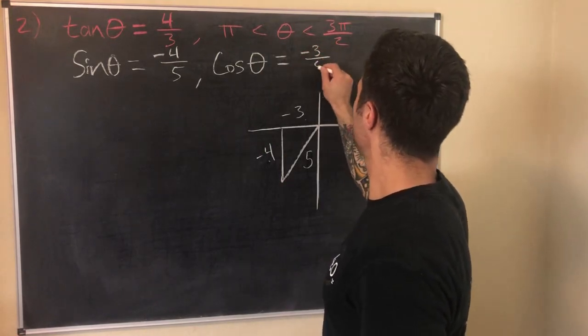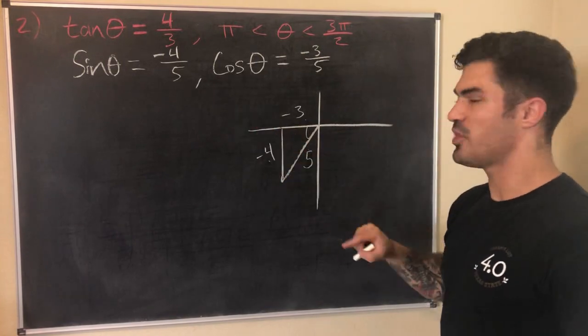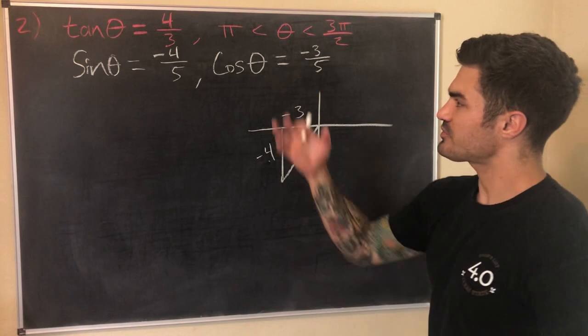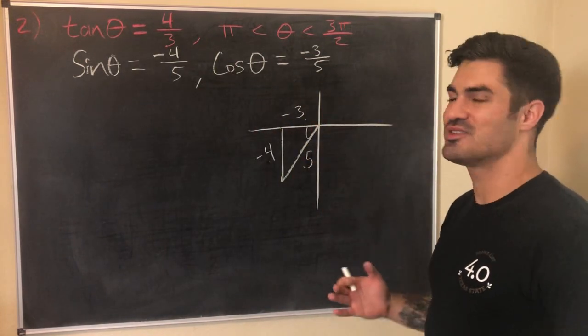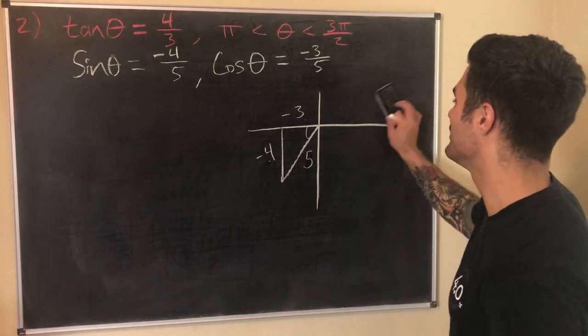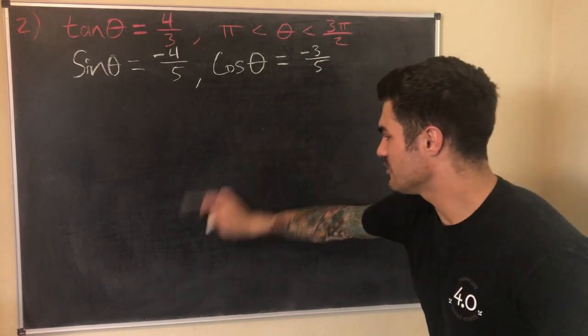Negative 3 over 5. And you can also think of it as this is theta, sine is opposite over hypotenuse, cosine adjacent over hypotenuse, same thing, right? But now we have sine, we have cosine, so now all we have to do is plug these things into our formulas and we can find the 4 exact values we're being asked to find, right? So now that we got the fun part out of the way, let's jump right into it.